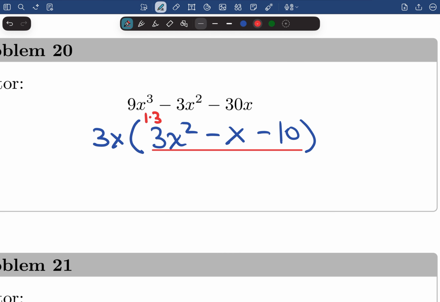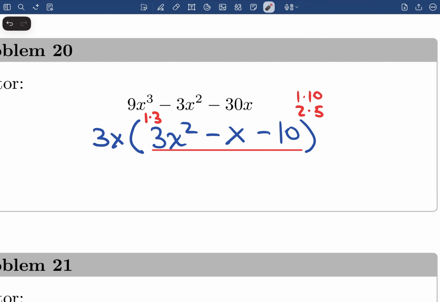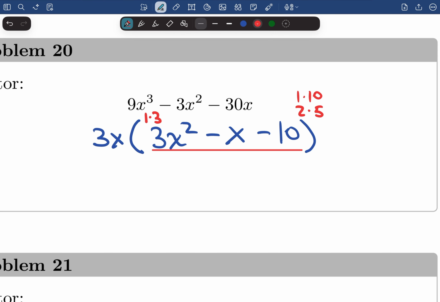It's a prime. And then look at 10, which is 1 and 10 and 2 and 5. Those are the sets of factors for 10. And I'm going to try to combine these with outer and inner terms of FOILing to make negative 1x. All right, so that's the objective that I have right now. That's what my brain is doing and what your brain is starting to learn how to do.